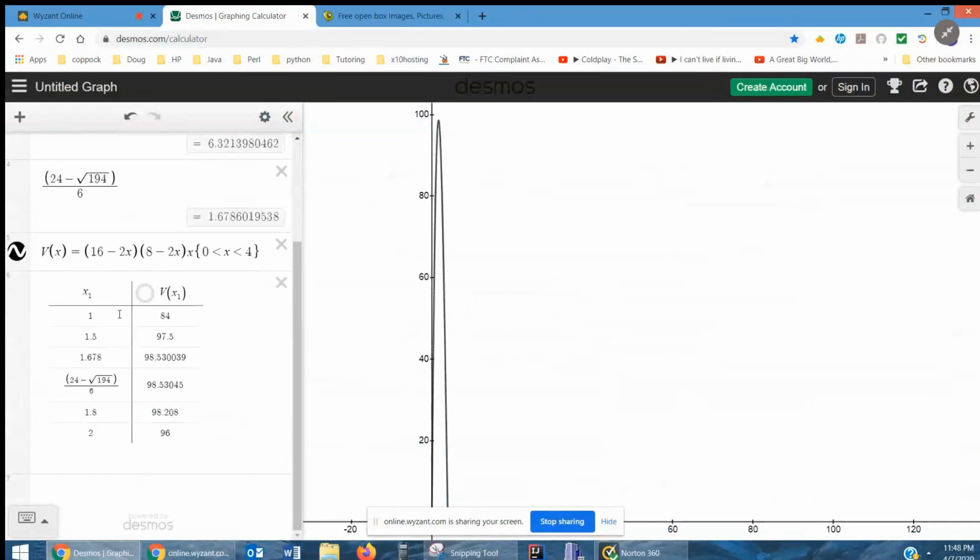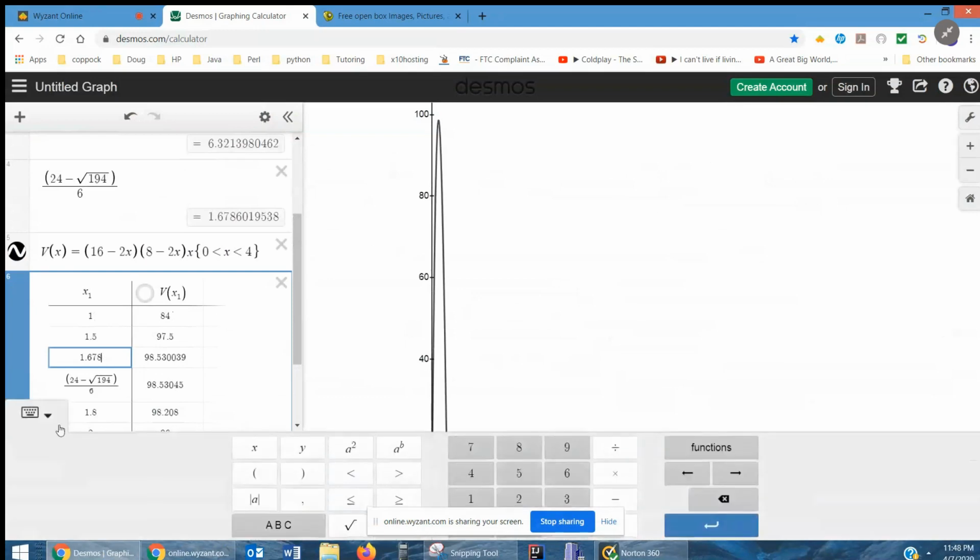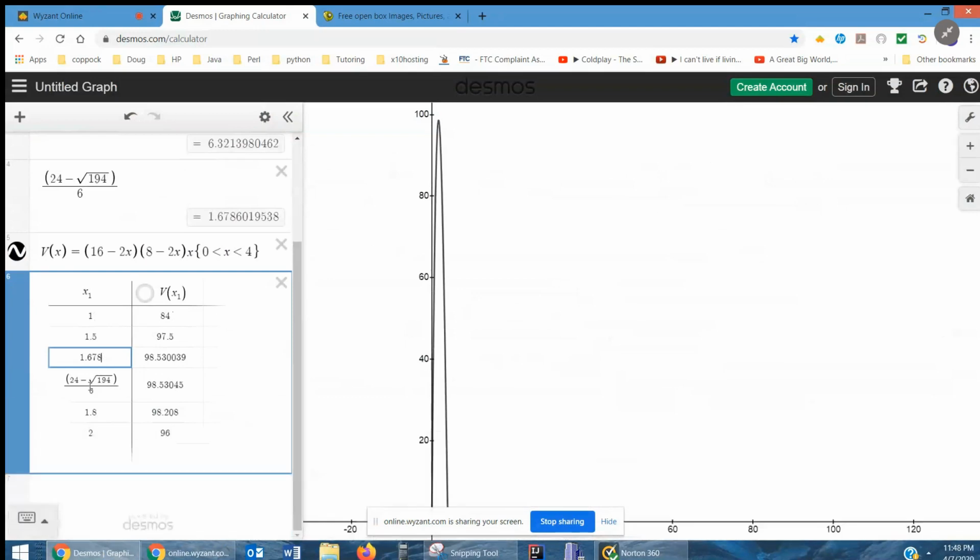You can see that as x starts at 1, we get a volume of 84. It seems to be increasing until we get to 24 minus the square root of 194 all over 6. 98.53045 is just a little bit bigger than this 1.678, which was an approximation to this.